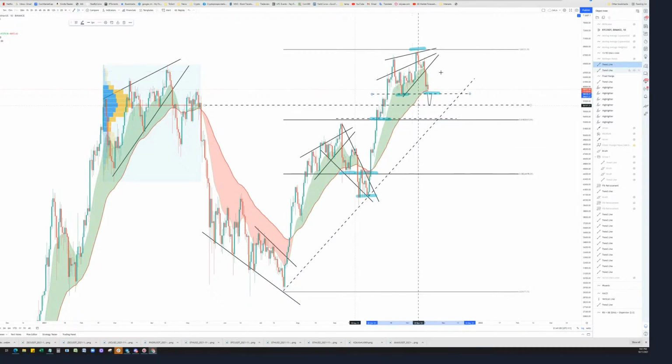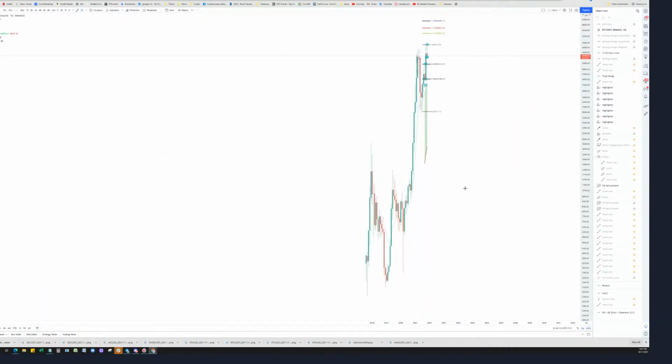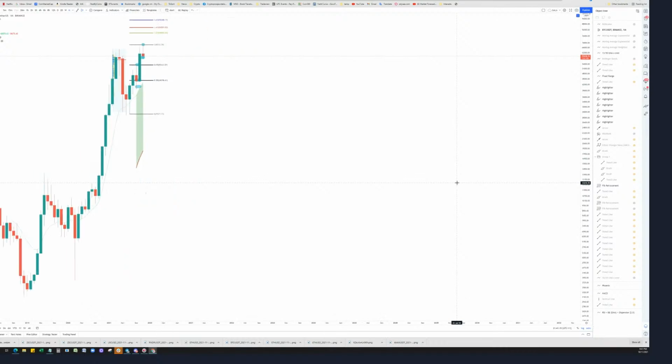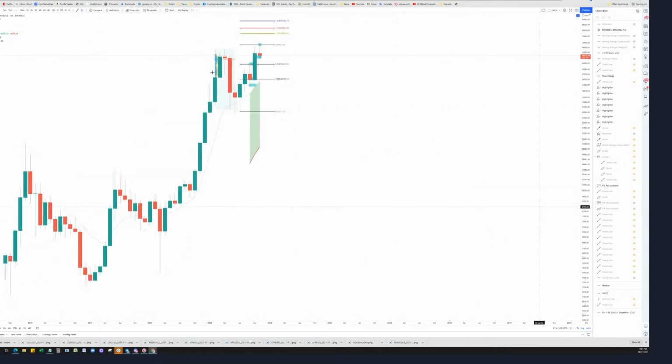Now, while we've got that in there, let's have a look at the monthly. See if the monthly has a specific level. So let's see if the monthly gives us any clues.